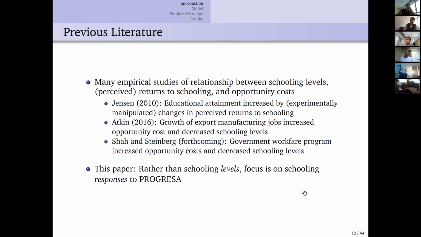But I think the key difference is that we are interested in schooling responses to PROGRESA. Remember, what motivated this was an interest in how labor market conditions might affect the effectiveness of government programs. So we're not just interested in schooling levels, we're really interested in these responses. So how does schooling respond to PROGRESA?